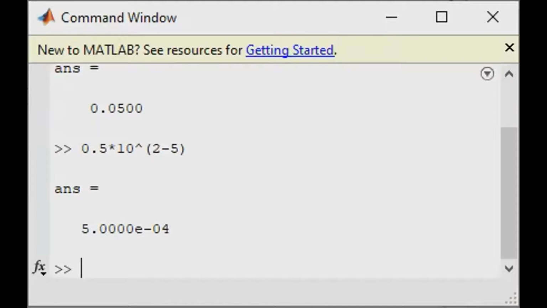And since E sub a is equal to the present value minus the past value over the present value multiplied by 100, we can solve it here as well.